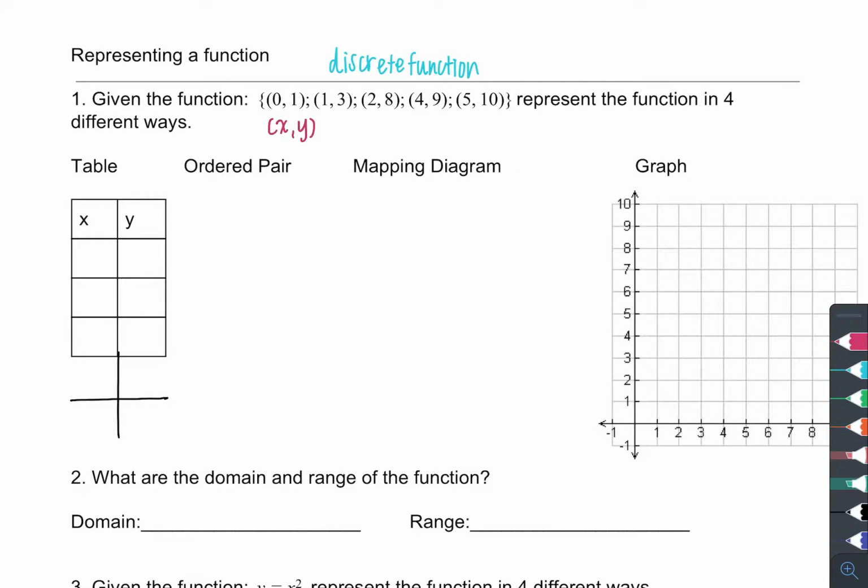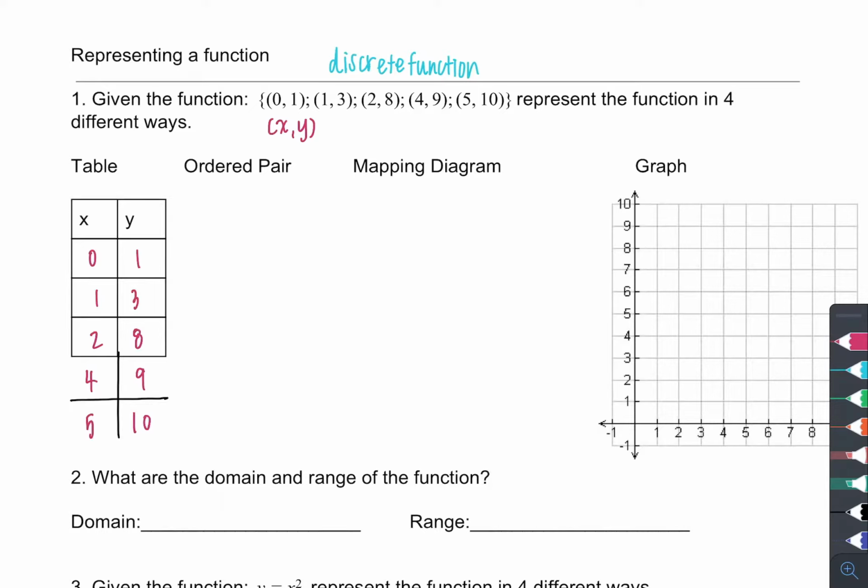All right, so let's go ahead and put those values into a table. So we've got 0, 1, 1, 3, 2, 8, 4, 9, and 5, 10. Just putting them into the table. Easy enough. Then we're going to put them as ordered pairs. Now, they're already ordered pairs, but we're asked to write them as ordered pairs, so let's go ahead and do that.